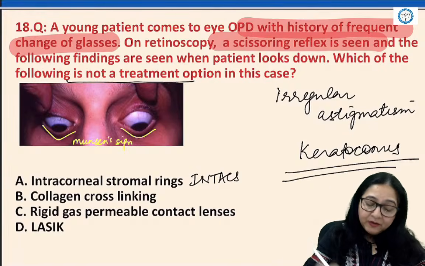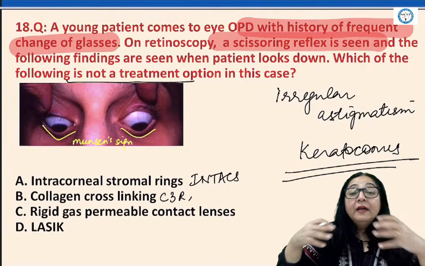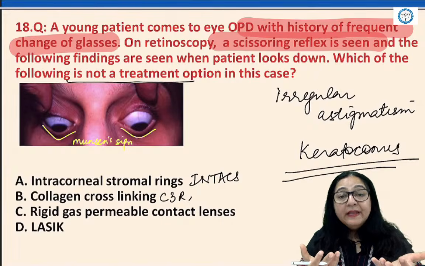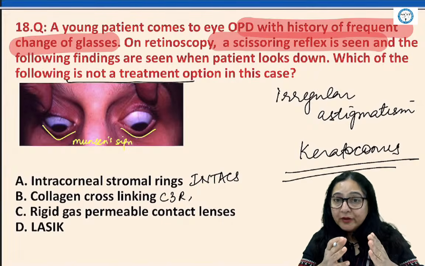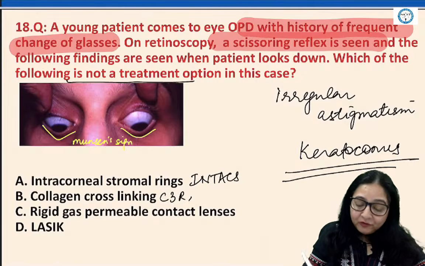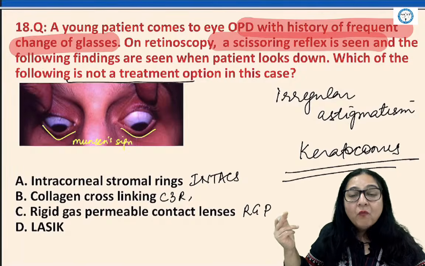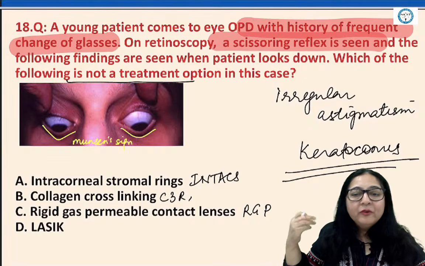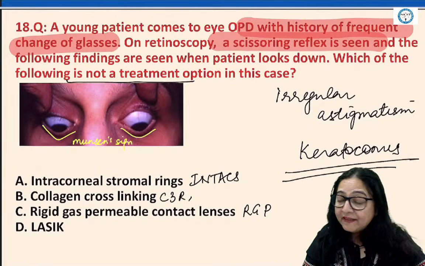Collagen cross-linking or C3R procedure is done to remodel the corneal collagen and to stabilize the progression of keratoconus. Rigid gas permeable contact lenses or RGP lenses are used when we do not want to give glasses for the irregular astigmatism; you will rather prefer giving rigid gas permeable.